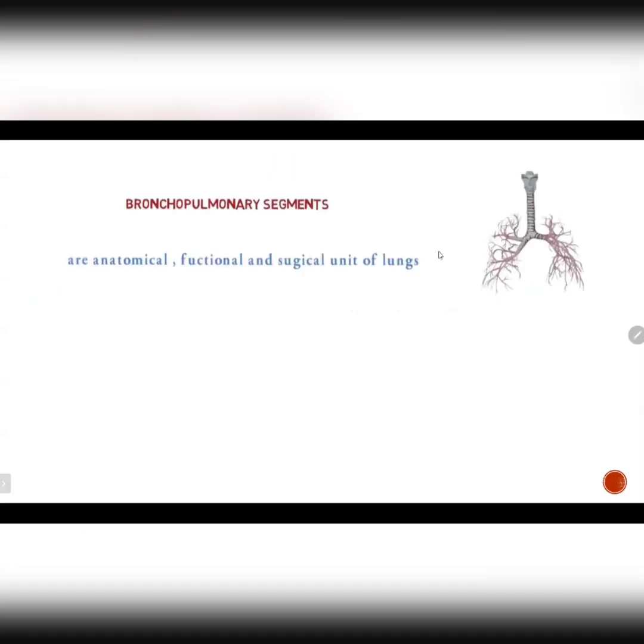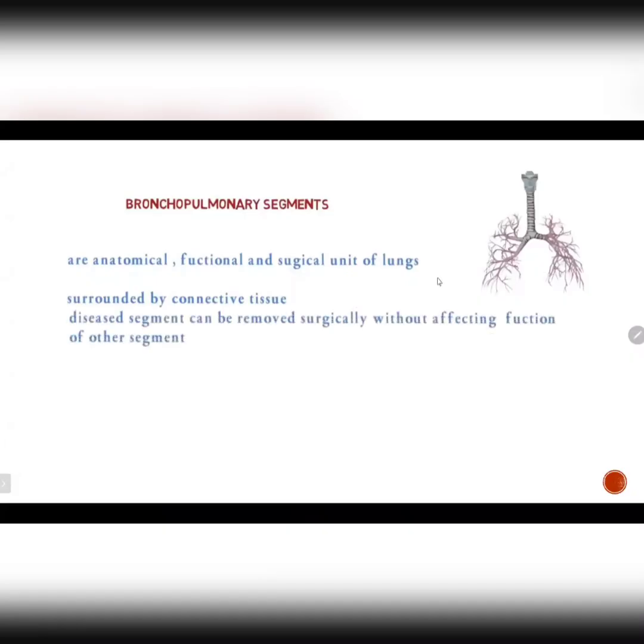So what is the importance of this is that the bronchopulmonary segments are separated from each other through connective tissue or areolar septae. That is why it is called a structural unit. Anatomically, the bronchopulmonary segments are separated from each other by connective tissue. So what is the clinical importance of this?